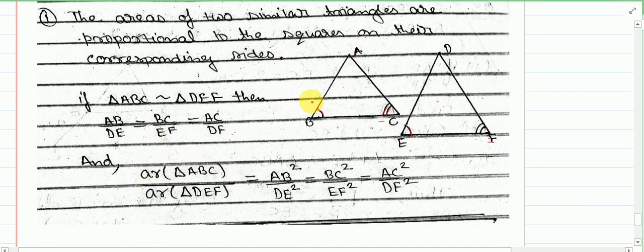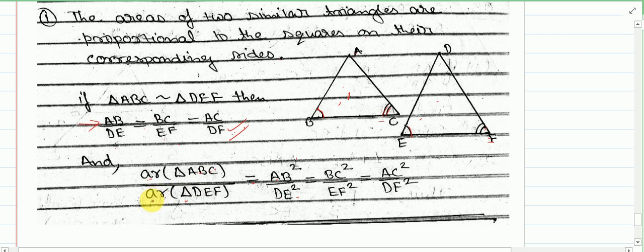Now, the area of the first triangle upon the area of the second triangle will be equal to AB square upon DE square, like here we have got. You can see in the numerator we have taken only sides of this triangle ABC, that's why in the numerator we have to consider the area of triangle ABC.